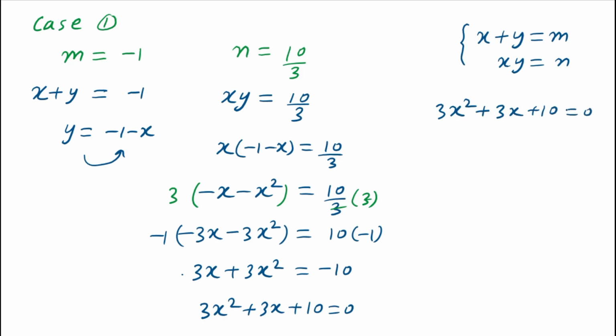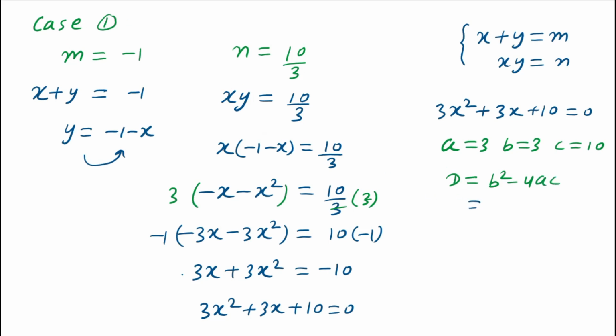Here we will talk about only real solutions. So first we will check the discriminant of this quadratic. The value of a is equal to 3, the value of b is equal to 3, and the value of c is equal to 10. The formula of the discriminant is b square minus 4ac.